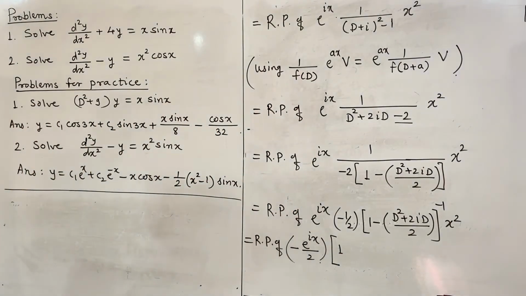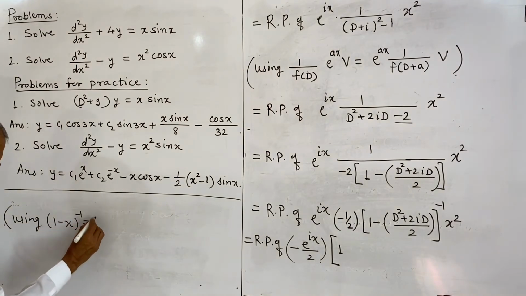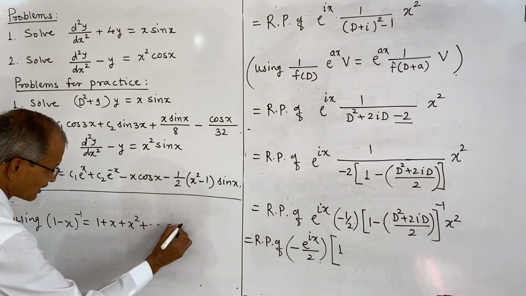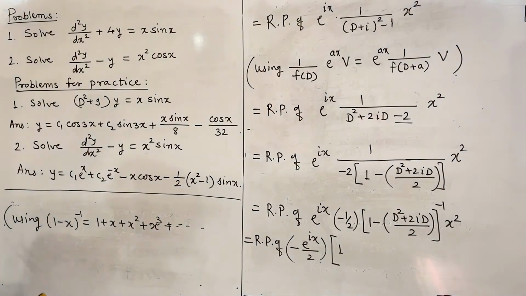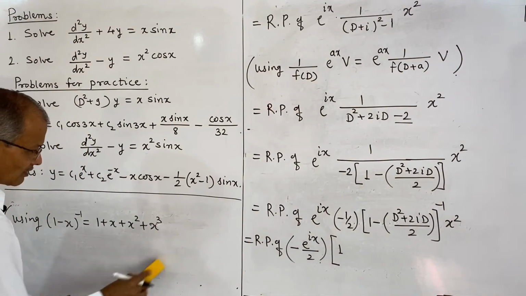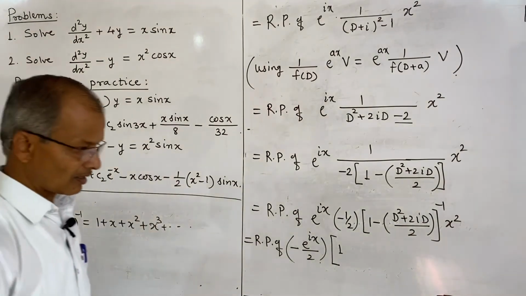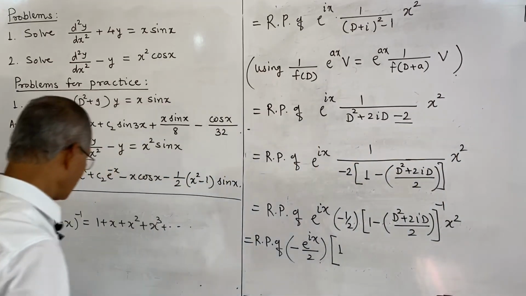Where the formula is this one: using this formula, 1 minus x power minus 1, that is 1 plus x plus x square plus x cube plus so on. So this is the formula we have seen earlier by binomial expansion, and thus this can be used here to get the expression further.